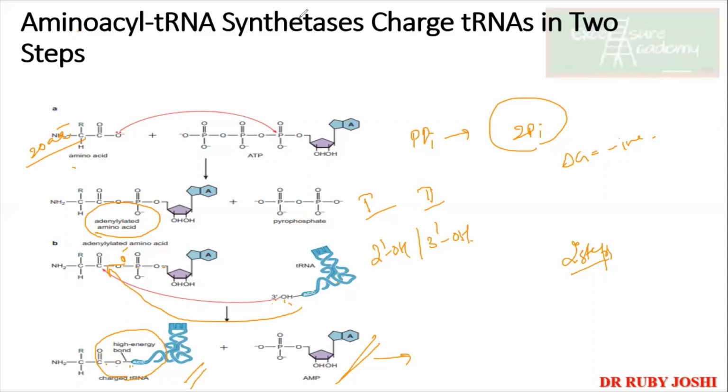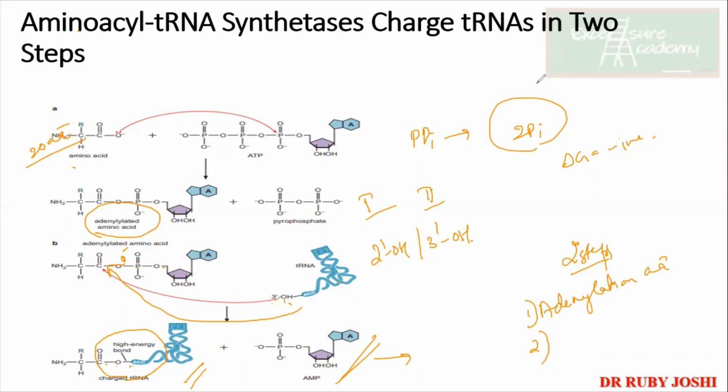First is the adenylation of your amino acid, and second is the charging of tRNA. Charging of tRNA means your 3'-OH is going to attack the carboxyl group of the amino acid, forming an acyl linkage there, releasing AMP into the system.